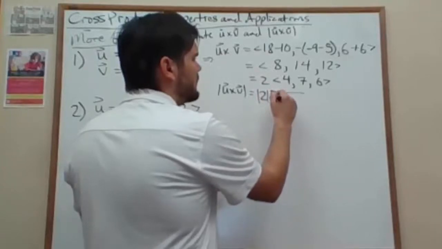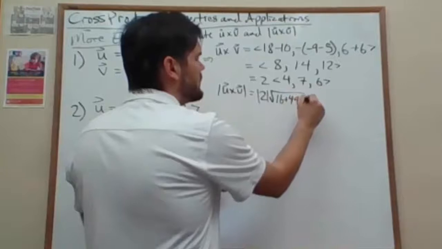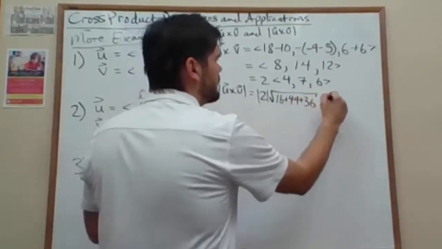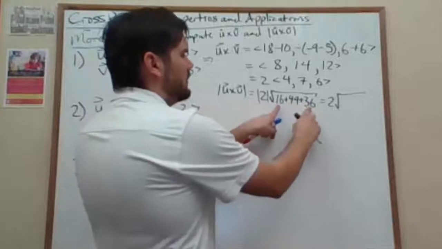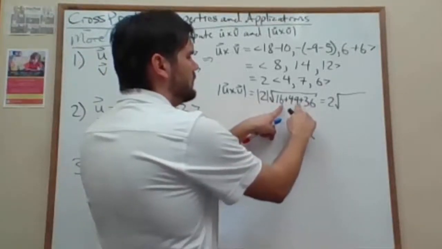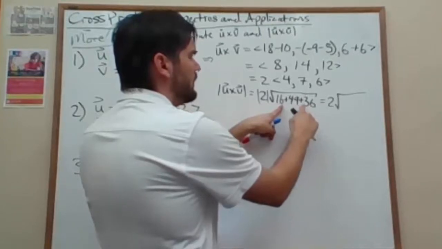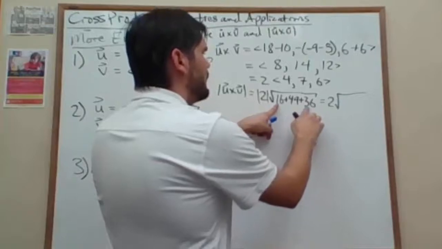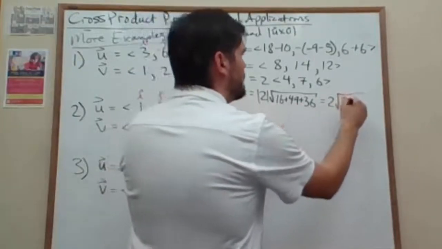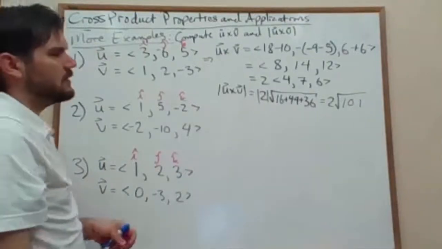So that's the square root of 16 plus 49 plus 36. Okay, so 6, 12, 21, 60.1. So there's our first magnitude.